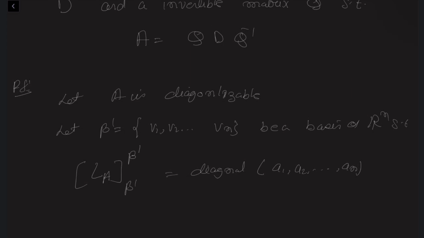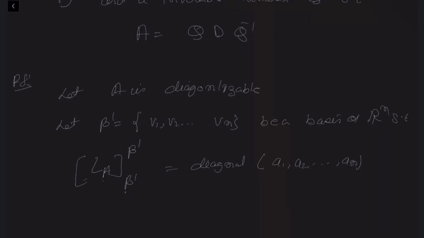See, what we are doing is that since A is diagonalizable, what does it mean? That the matrix corresponding to the linear transformation of A with respect to the basis beta dash is actually a diagonal matrix.